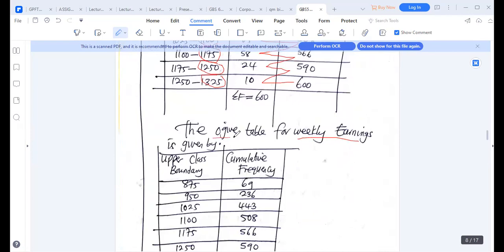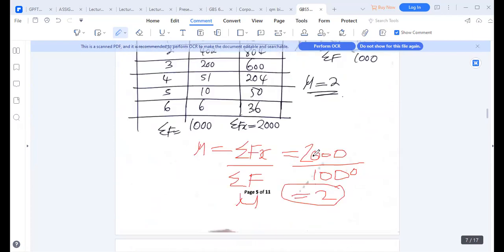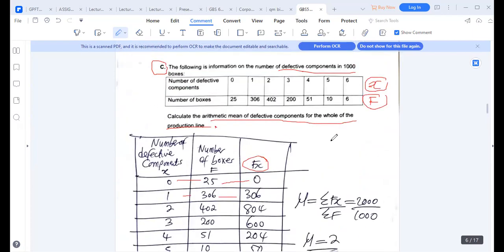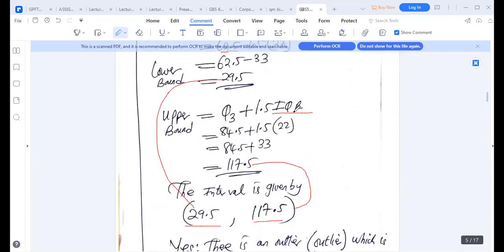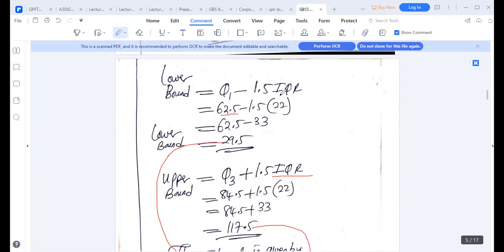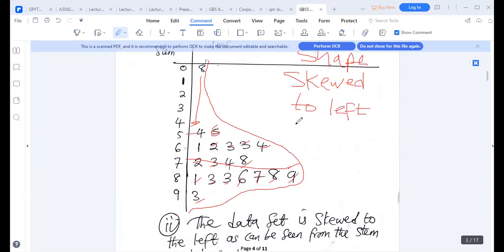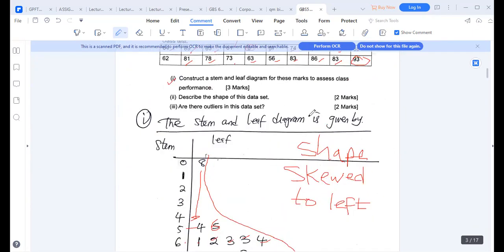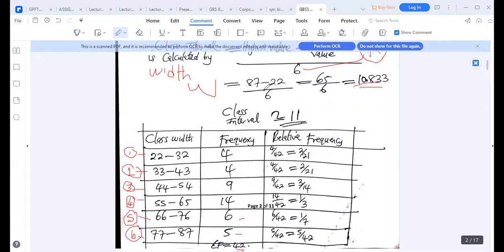Then we looked at finding the arithmetic mean from the given information using this formula, and finding an outlier using the upper bound and the lower bound. We also found the stem and leaf diagram, tested for inner outliers, grouped the data, found the class widths and intervals, and found the frequencies.